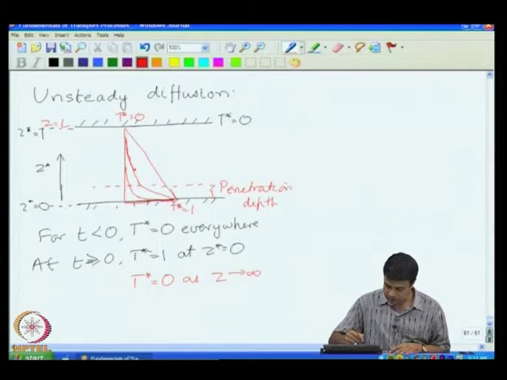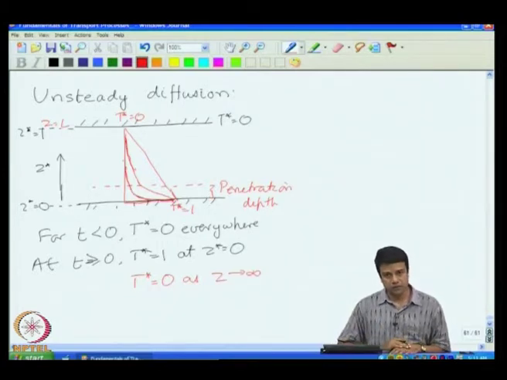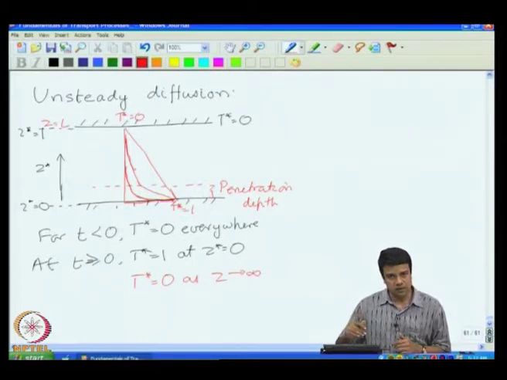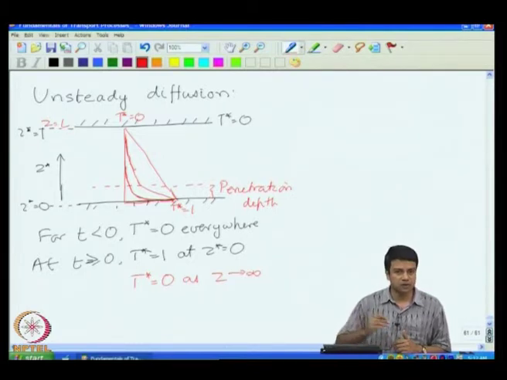So, in that sense I am effectively solving a problem in an infinite domain. The problem reduces to a problem in an infinite domain, because the penetration depth to which the temperature disturbance due to the bottom surface has been felt is very small compared to the total height.